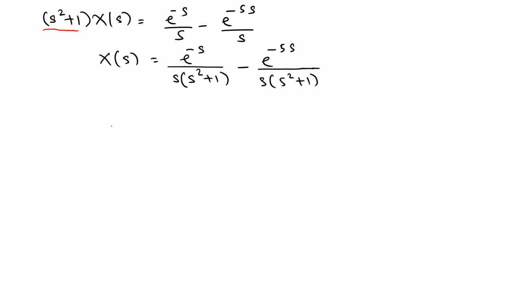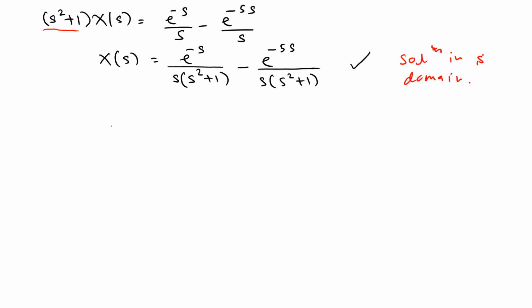So we have already solved for the solution in the Laplace domain. This is the solution in the s domain. Now what we want to do is convert this into the time domain.